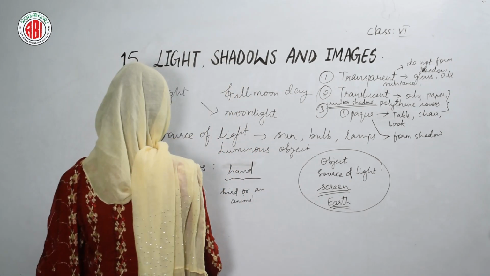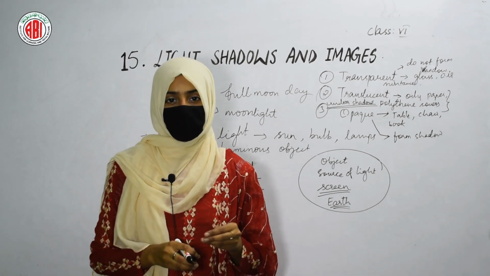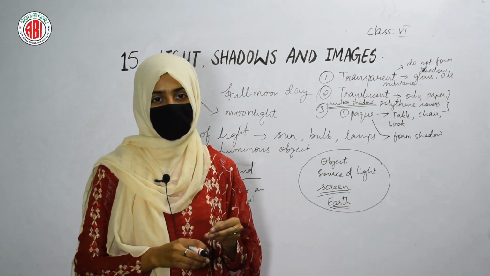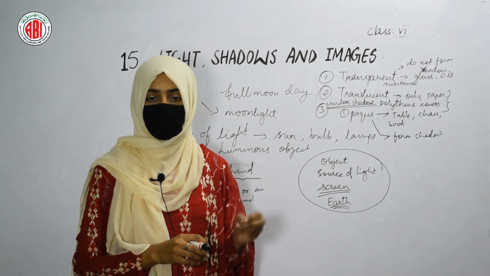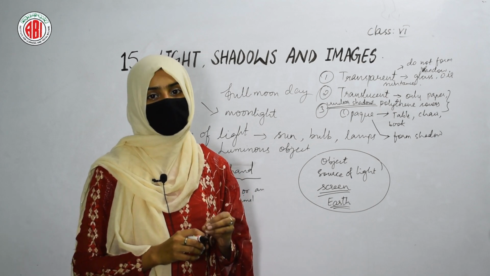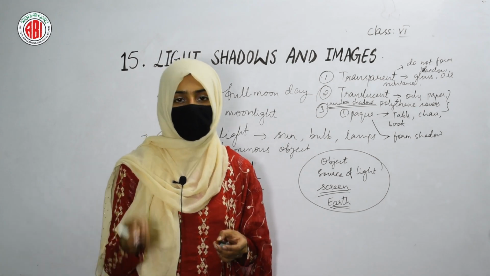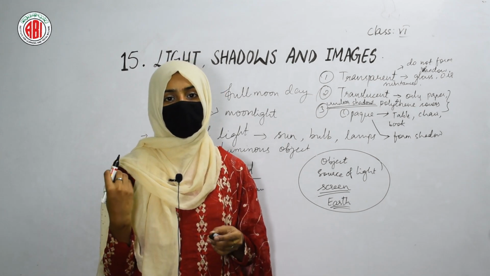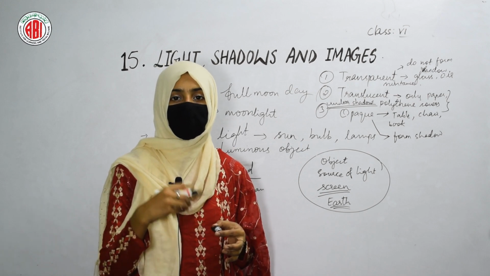Now let us learn about the color of the shadows. When you look at the shadow, is it colorful? No, it is not, because it is colorless. It will form on the screen and it is always colorless, because the shadows formed on the screen are the part on which the light is not reflected or where the light is not passed.